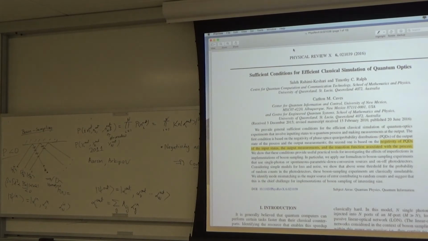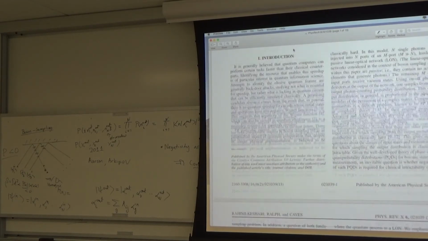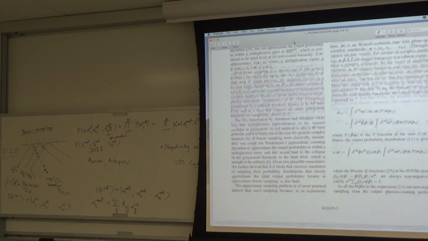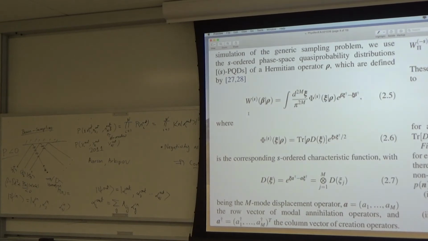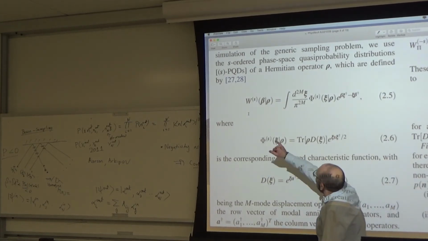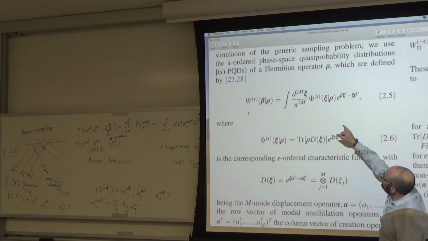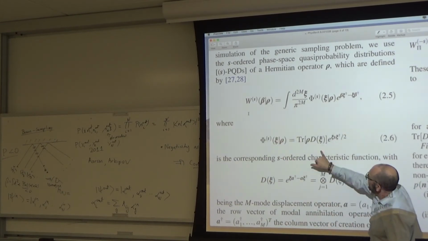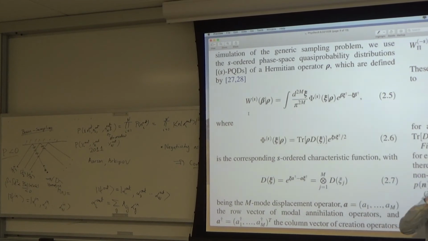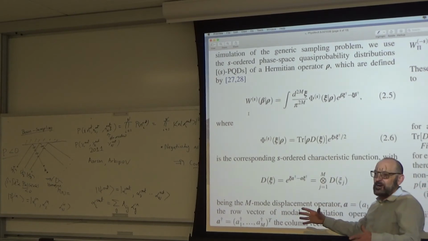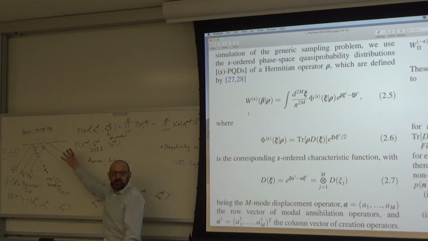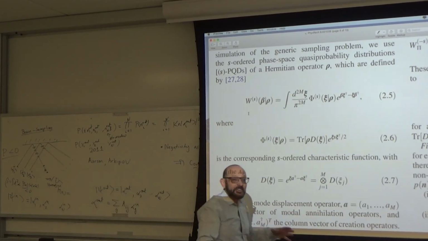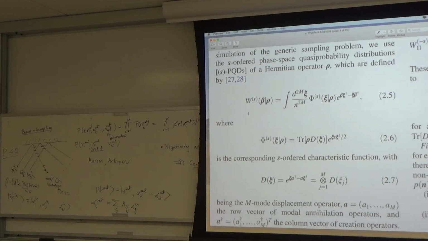They went through that analysis using exactly the things that we have just been talking about. They use S rather than sigma, the S-ordered representations, that's the characteristic function with this Gaussian thing. And they said if there is some S for which everything is positive, then we can come up with a constructive algorithm to sample these things. There's a measurement, and I can do it classically. And there's a kind of threshold of noise for which that happens.